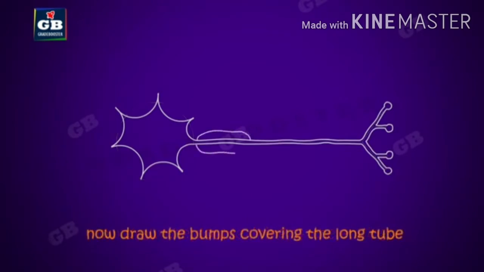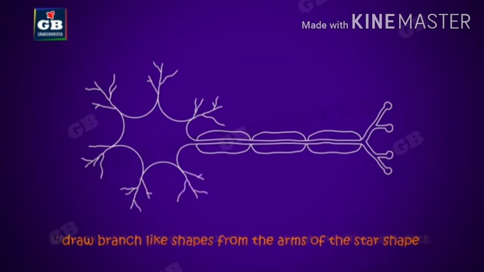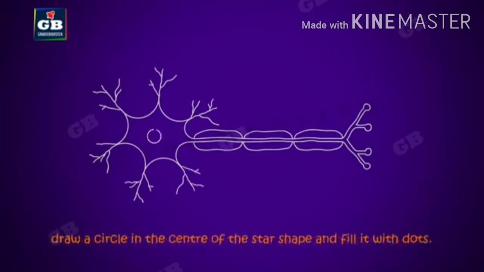Now draw the bumps covering the long tube. Draw the branches like the arms of the star. Draw a circle inside the center.